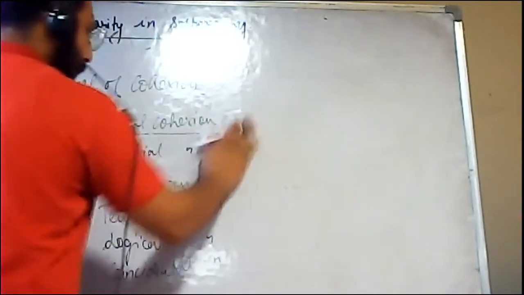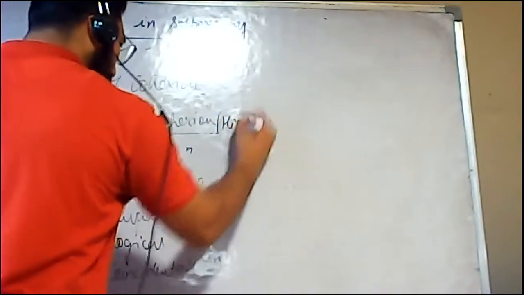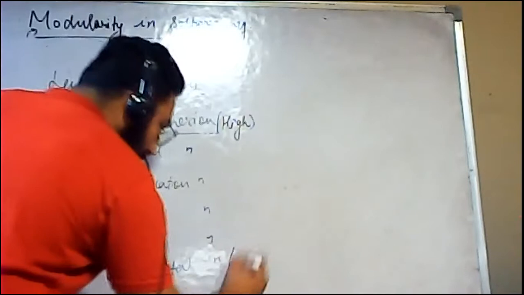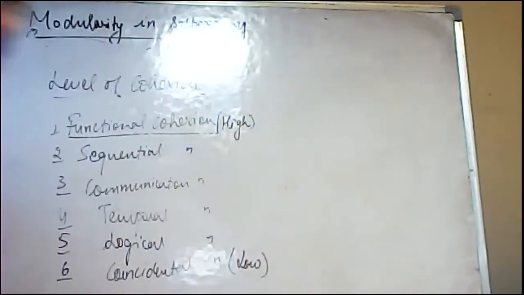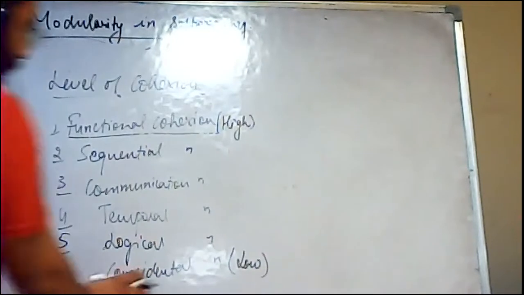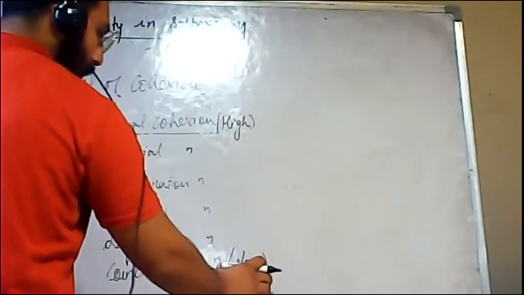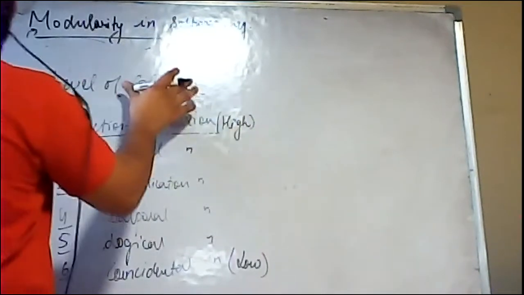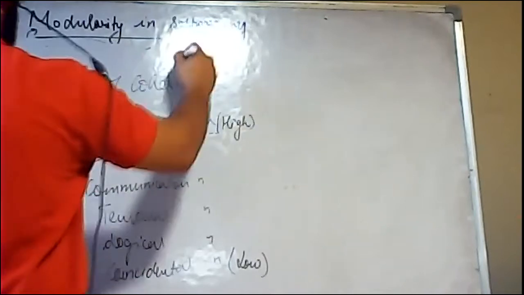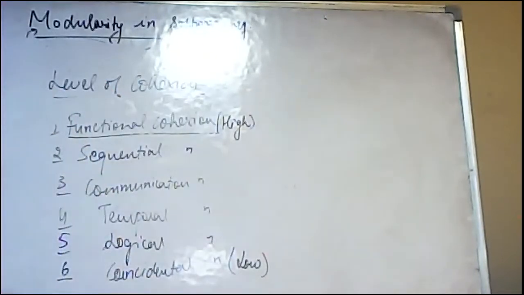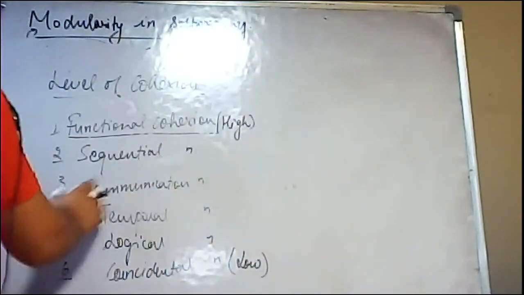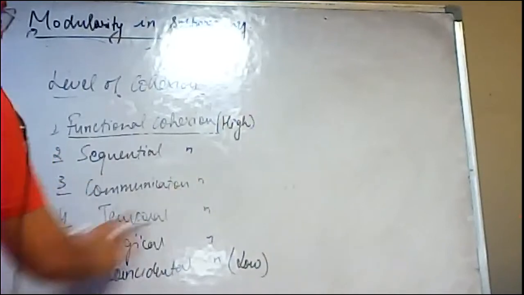The functionality dependency should be high, and coincidental cohesion should be low. While designing your program, functional cohesion should be high, and if functional cohesion is high, your cohesion is high.